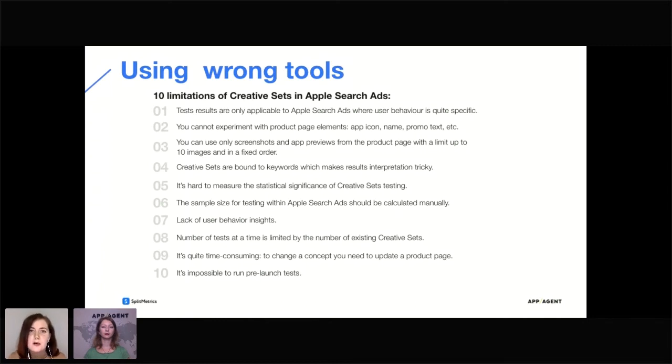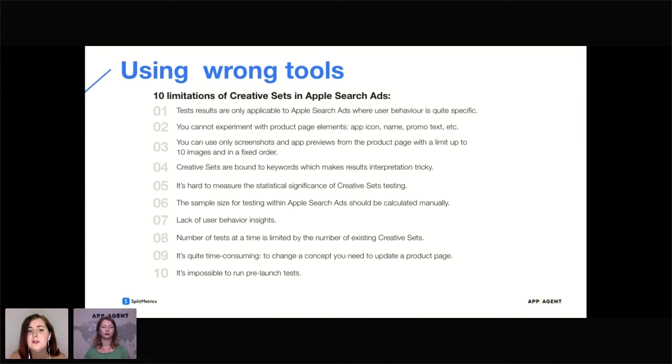Creative sets are also bound to keywords, which makes results interpretation quite tricky. And it's impossible to tell which screenshot app preview combination outperforms others. Then it's hard to measure the statistical significance of creative sets testing, and the sample size is calculated manually.